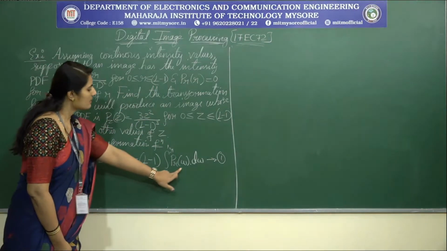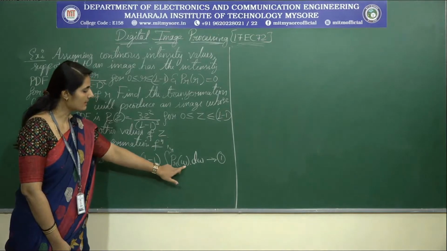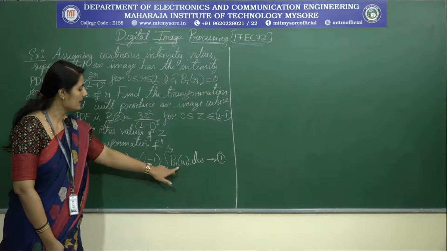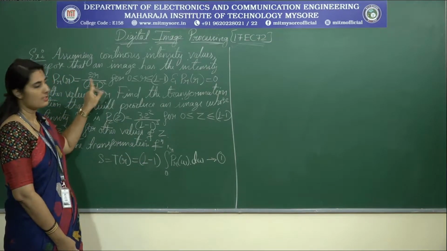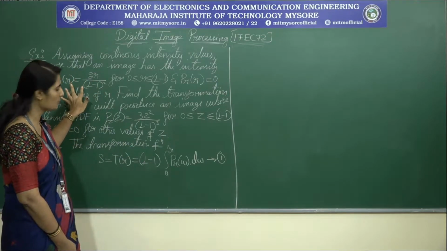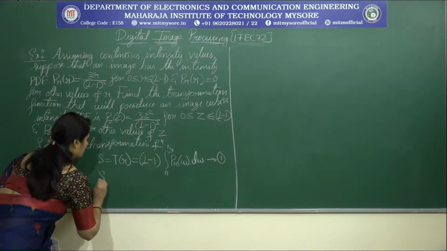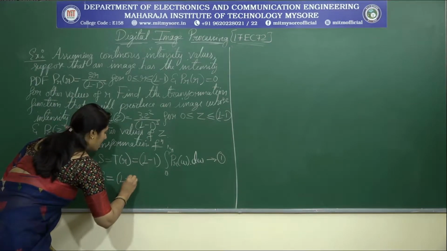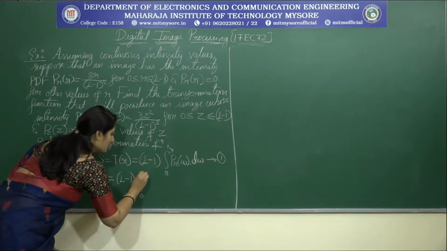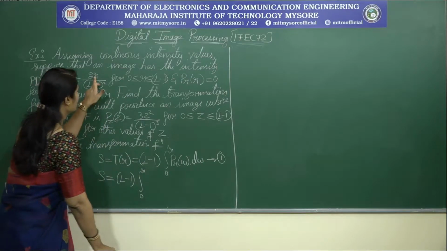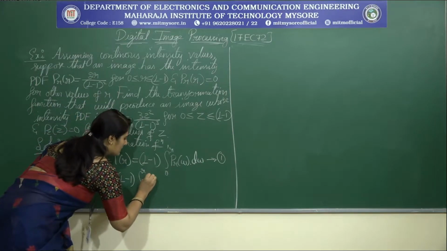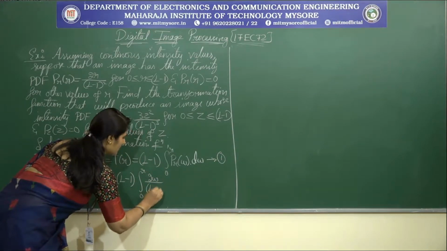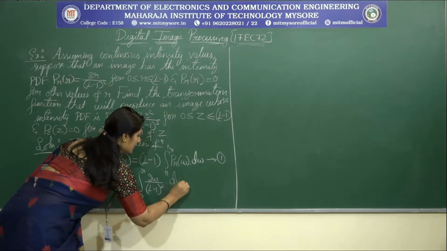Now what is this? W is just a dummy variable of integration. Here we are referring to input probability density function PR of R. So substituting this given value in this equation, S is equal to L minus 1 integral of 0 to R, 2W by L minus 1 whole square dW.